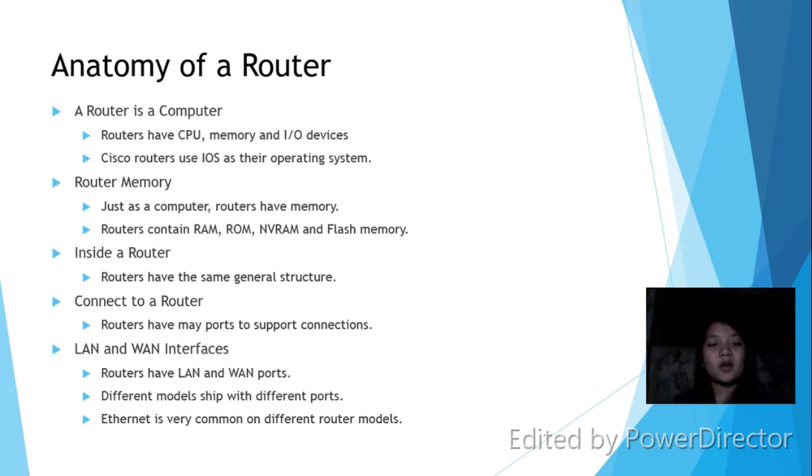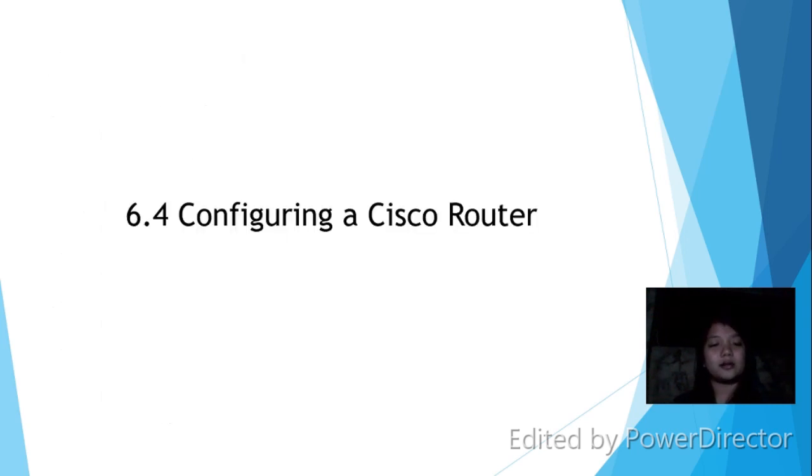We use a cable and put it in the ports to support the connection, LAN and WAN interfaces. Routers have LAN and WAN ports. Different models ship with different ports. Ethernet is very common on different router models.